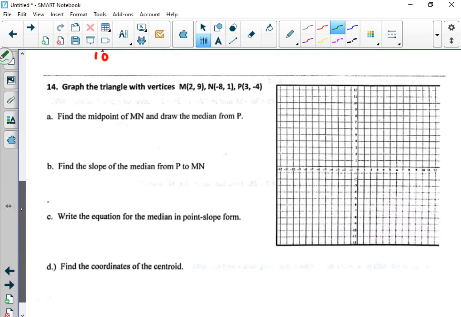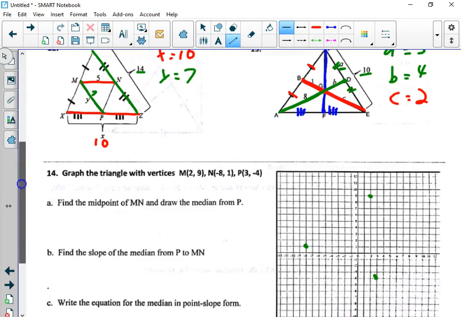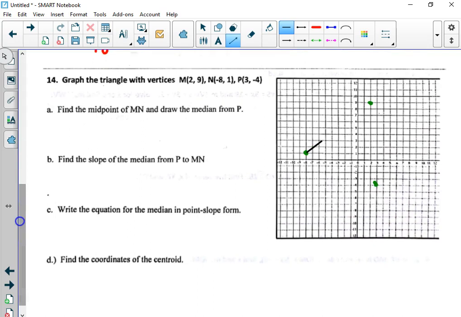Okay, graph these points. So M is at 2, 9. N is at -8, 1. And P is at 3, -4. Okay, so there are my points.